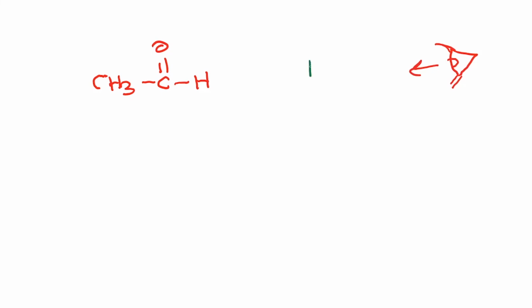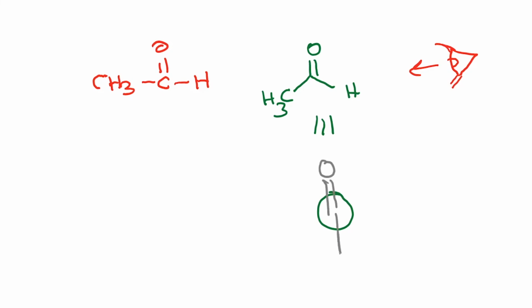The C double bond O is over here, hydrogen is over here, and the CH3 is here. If I draw this in the form of a Newman projection, looking from the side that I have drawn, the front carbon is C double bond O with a hydrogen, and the back carbon has CH3. So this could be one conformation.